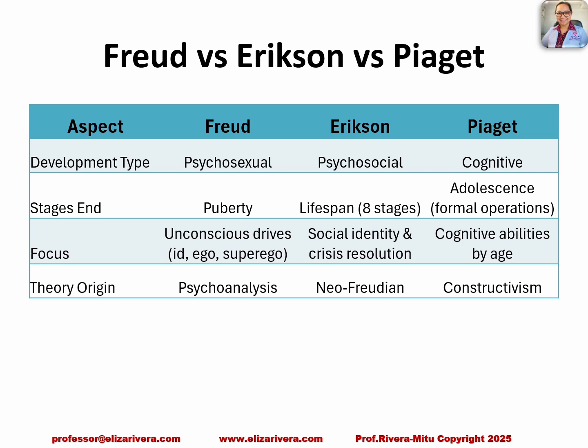Piaget described cognitive development, explaining how children acquire logical thinking in stages. The overlap: all describe stage-based development but differ in focus. Freud is psychosexual, Erikson is psychosocial, and Piaget is cognitive.